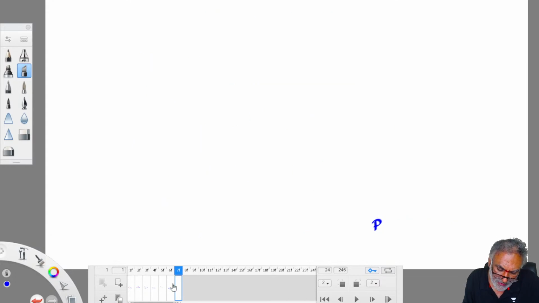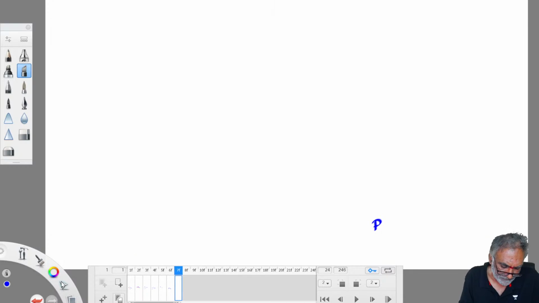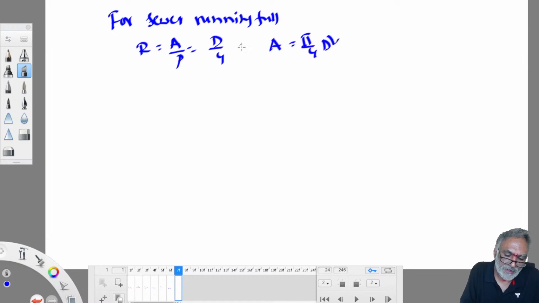But the thing is, sewers always run with partial flow conditions. When they run with partial flow conditions, finding the hydraulic mean radius and wetted area is not that easy. So we have got some simplified procedures. For sewer running full, R is equal to A by P, which we take as D by 4, and wetted area is equal to pi by 4 D square.